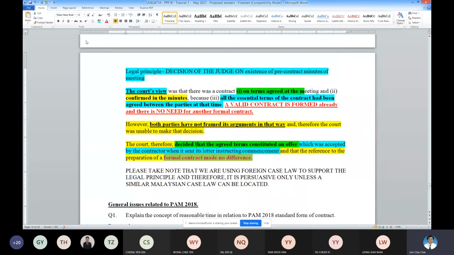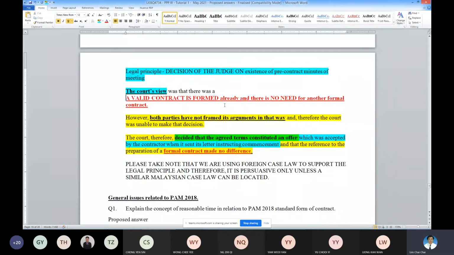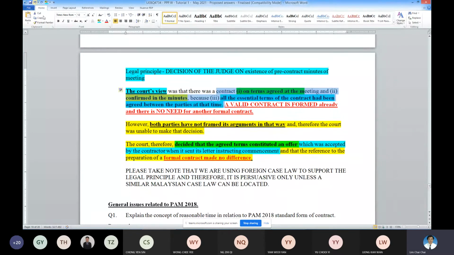A contract can be formed based on the minutes of meeting. If the minutes of meeting have these 3 ingredients, I use the term guarantee, a contract is formed. But if not all are there, it still can, because this is what the court decided: there was agreement on the terms and the contractor sent the letter to the NSCs to start work. This is a slight variation to the above.